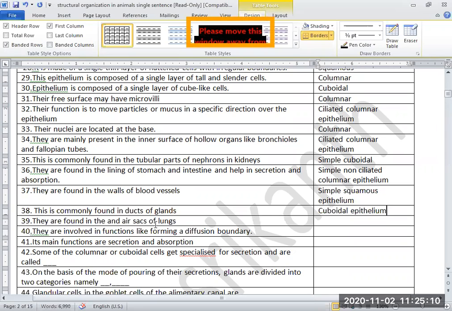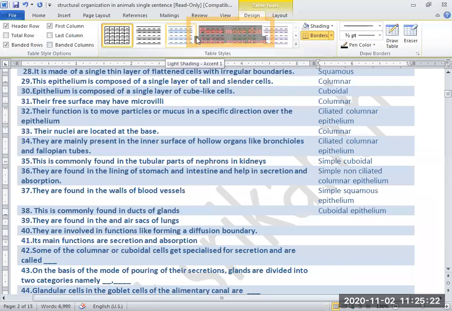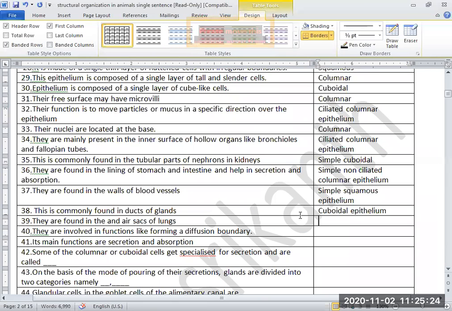They are found in the air sacs of lungs. Simple squamous epithelium. Okay.